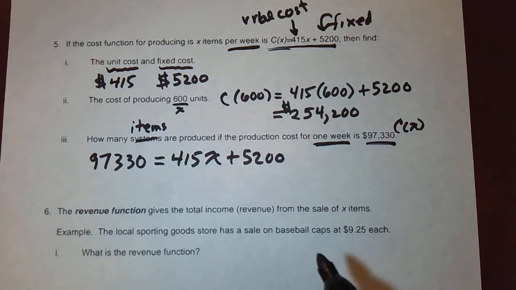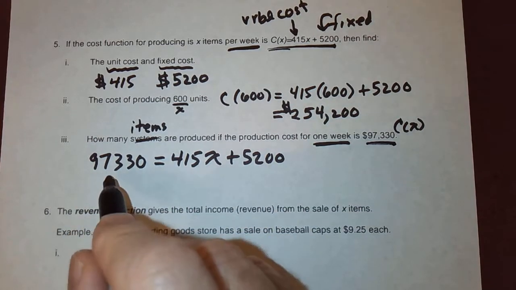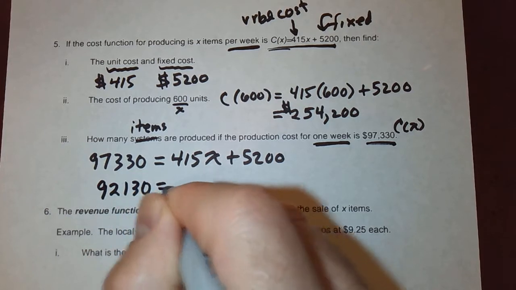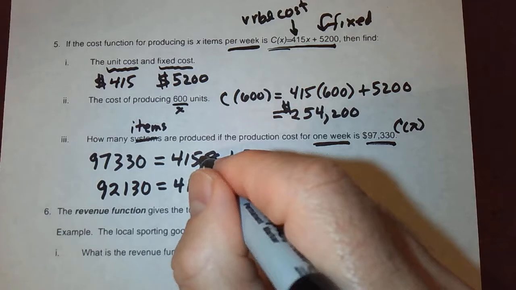So if we subtract 5,200 from both sides, it'll go away. Subtract 5,200 from the left-hand side, we get 92,130 is equal to 415 times x.